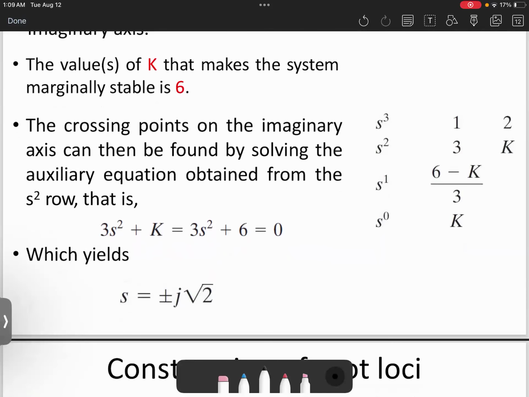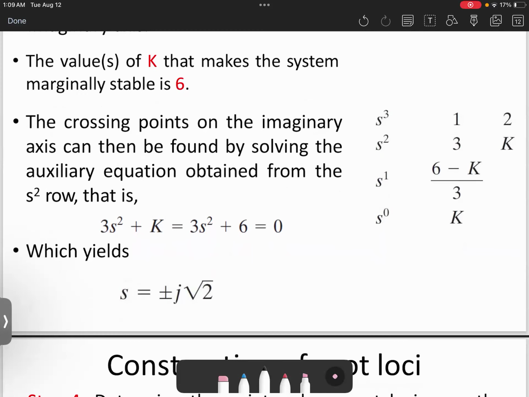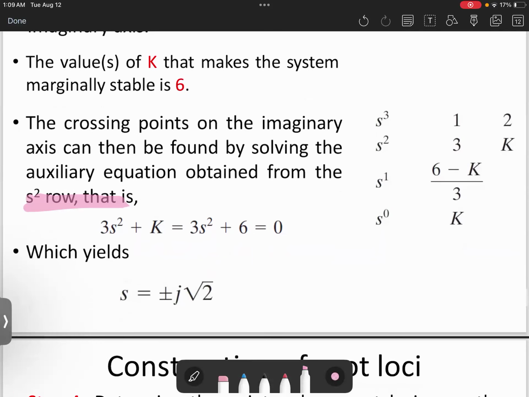So how about when we calculate the values? The crossing points at the imaginary axis can be found by solving the auxiliary equation obtained from the row s squared. Look at the row s squared. This is considered as 3s squared plus k.